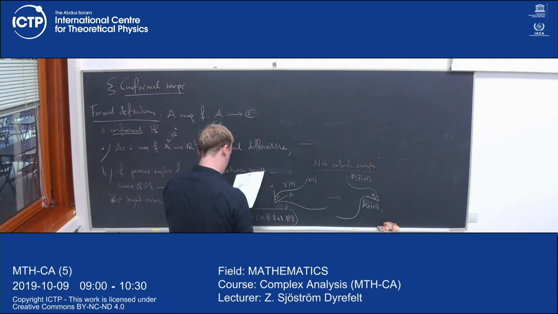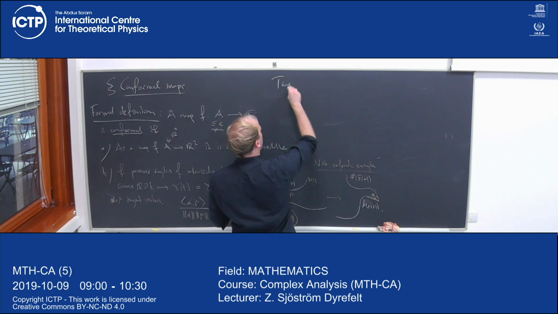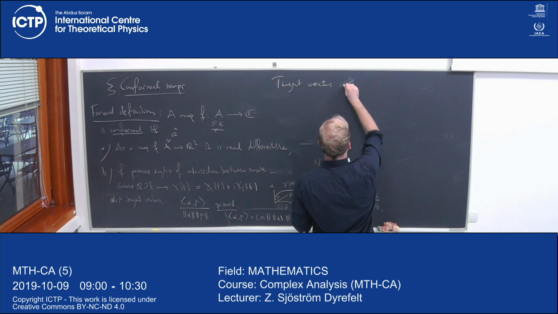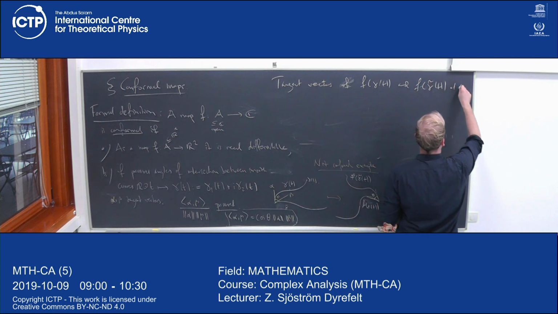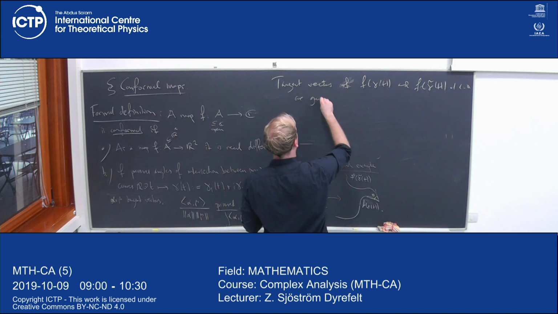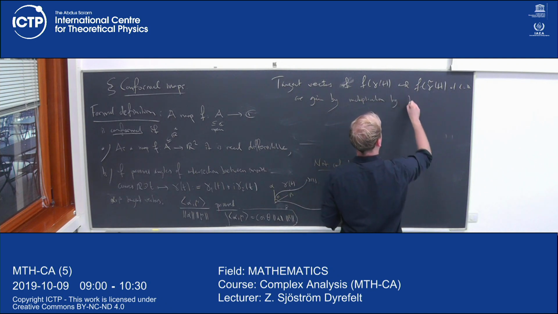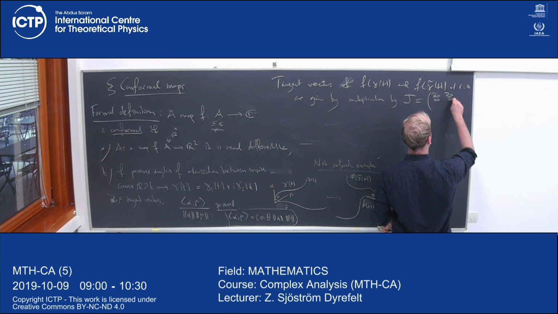So it means that the tangent vectors of f of gamma of t and f of gamma tilde of t at t equals 0 are given by multiplication by J, which is this matrix, this total derivative matrix: partial u, partial x, partial u, partial y, partial v, partial x, partial v, partial y.